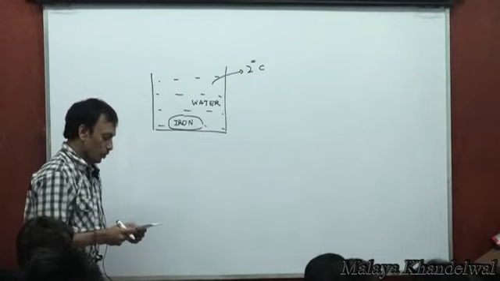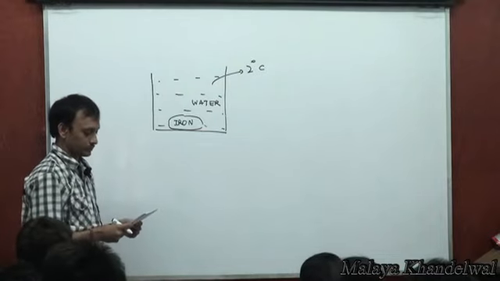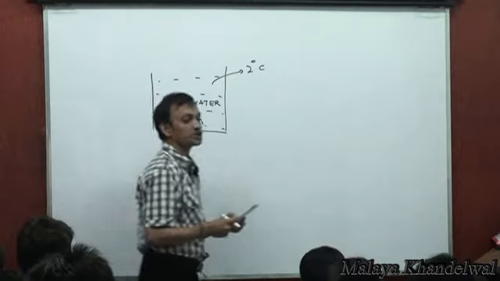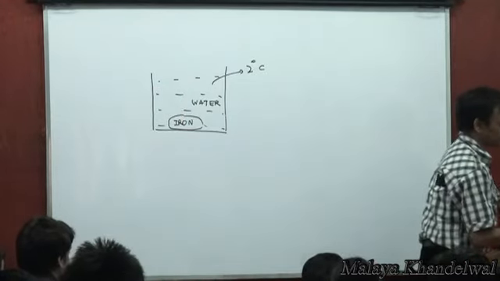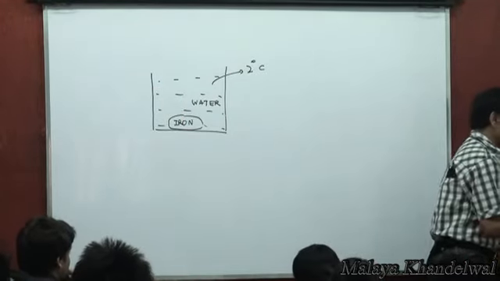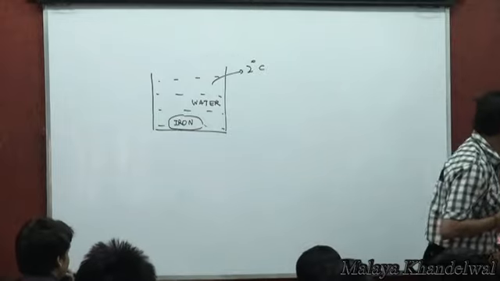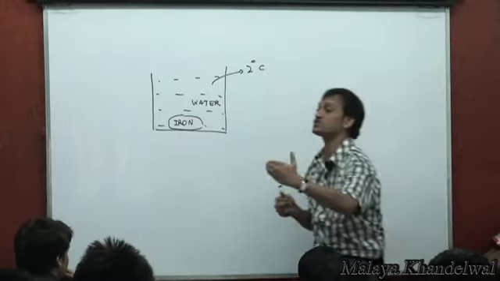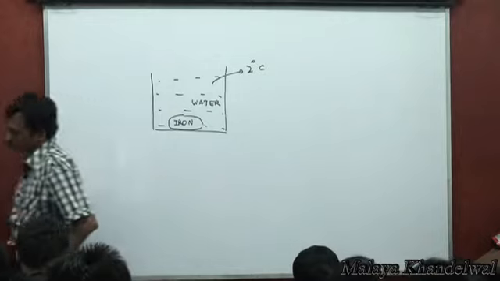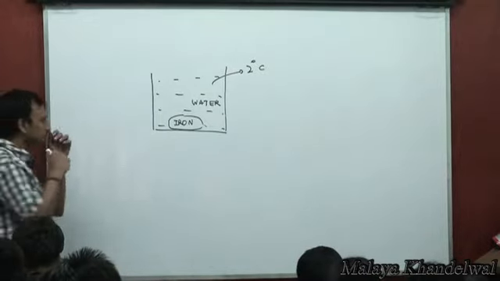The water exerts buoyant force on the block. The temperature of water is increased by 1 degree centigrade. The temperature of the iron block also increases by 1 degree centigrade.